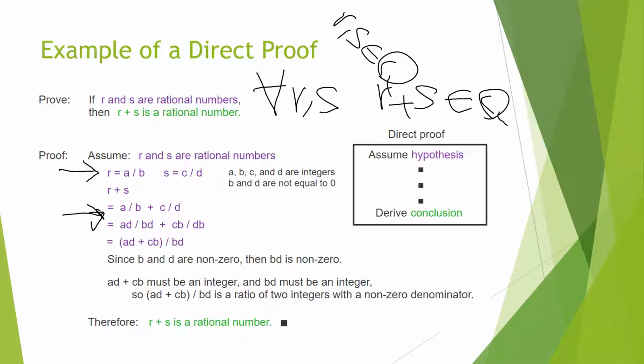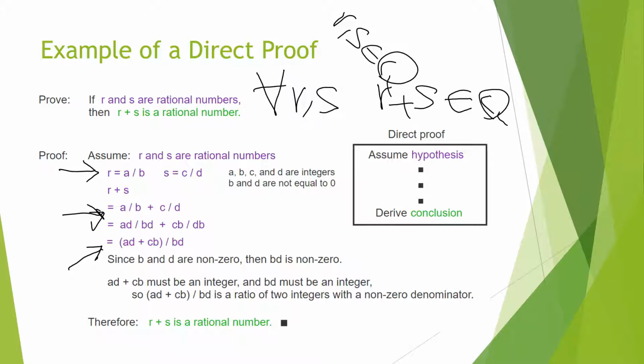And then if you get a common denominator, you get this expression. r plus s is equal to (ad plus cb) divided by (b times d). Since b and d are non-zero, the multiplication of them, b times d, is also non-zero.